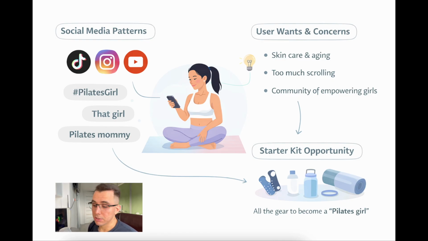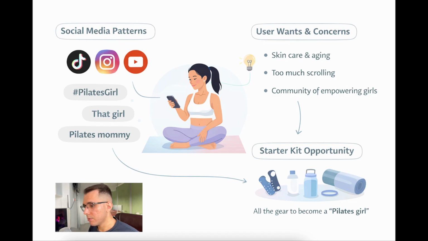There is this potential of building an e-commerce around giving a one single stop for any women, any person that wants to go into Pilates. They just enter the website, buy everything there, some cute aesthetic mat, some water bottle, grip socks, any accessories they want for being included in that community of Pilates girls.